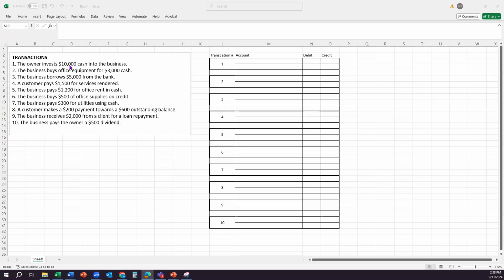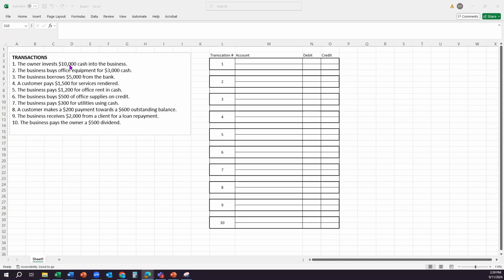So the accounts being impacted here are cash and then common stock if this is a corporation. If it's a sole proprietorship, we'll usually just call it something like owner investment. So two accounts, cash and common stock. The cash is going up and it's an asset, and the common stock is also going up, and it's an equity account. And then I apply the rules.